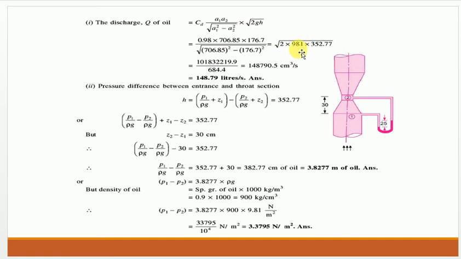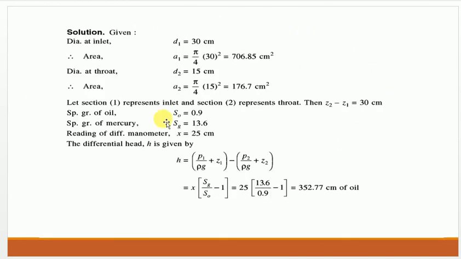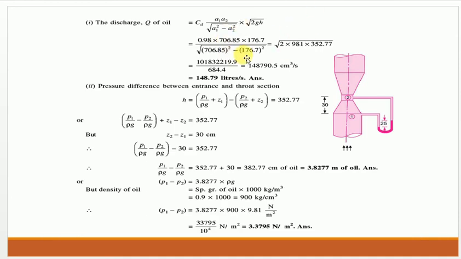We need to substitute it in terms of centimeters per second square, so multiply by 100, which is why 9.81 becomes 981. Or, if you want to work in meters, convert everything into meters first, then substitute.